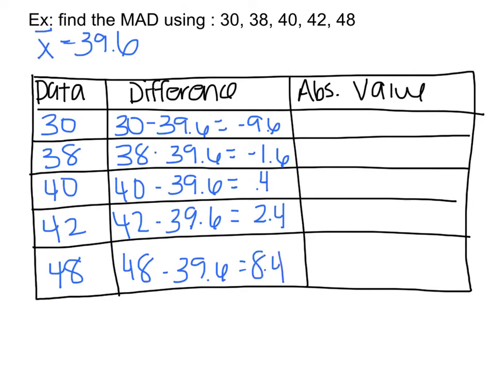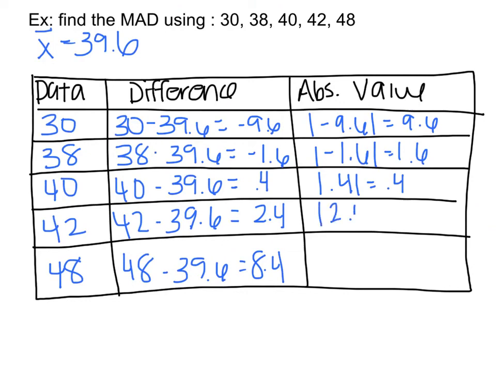So now we want to do the absolute value. Absolute value of 9.6 is 9.6. Absolute value of negative 1.6 is 1.6. Absolute value of 0.4, 0.4. Absolute value of 2.4, 2.4. Absolute value of 8.4, 8.4.